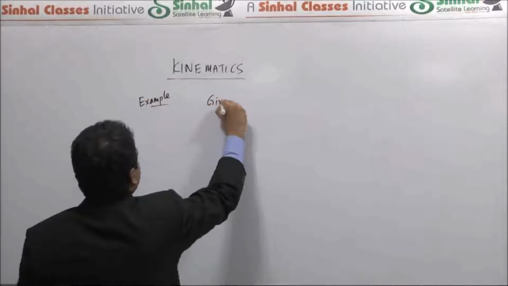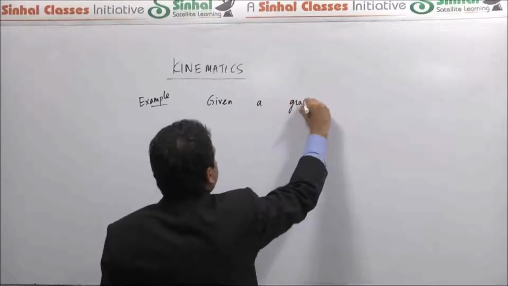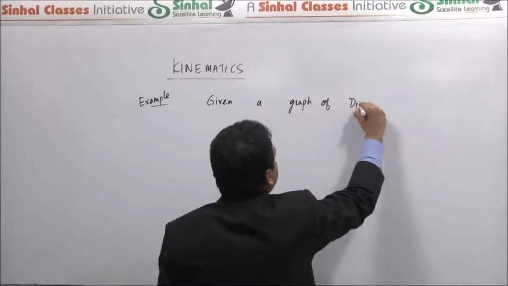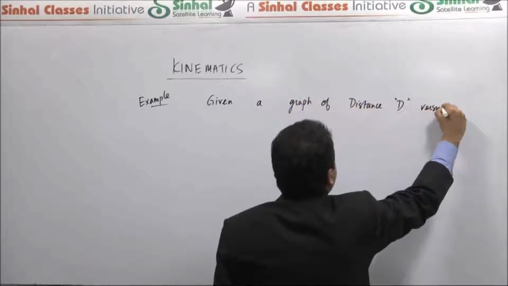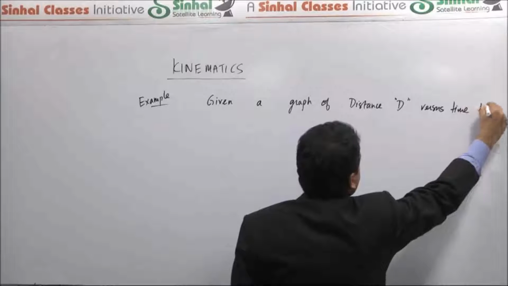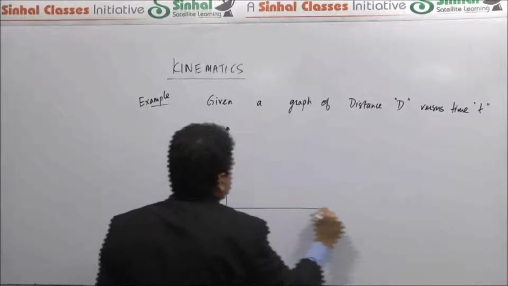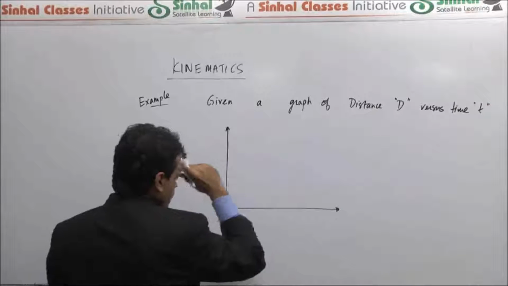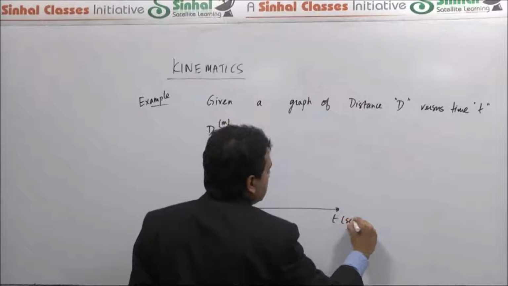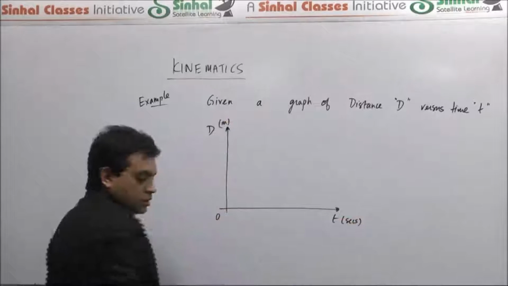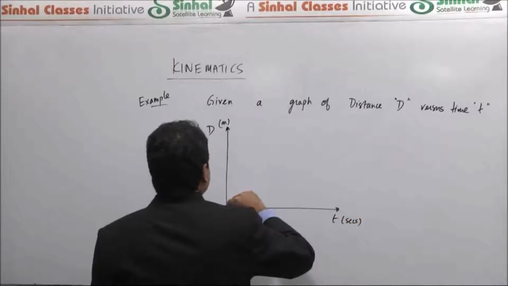Given a graph of distance versus time, let's say the distance is given in meters and the time is given in seconds. Okay. So let's say that the particular graph that we've got is progressing like this.